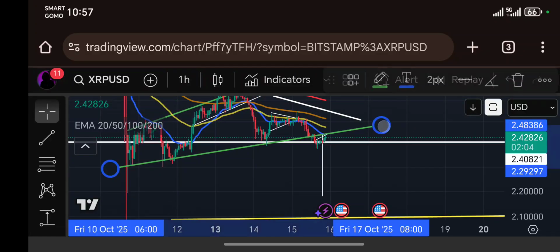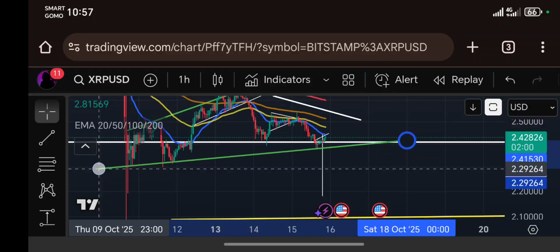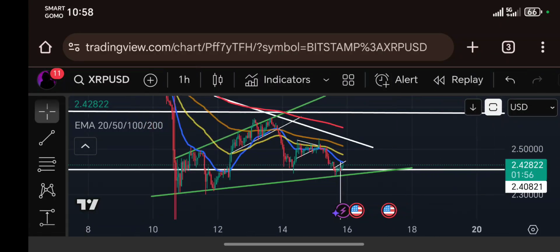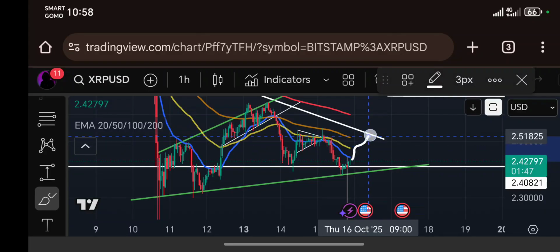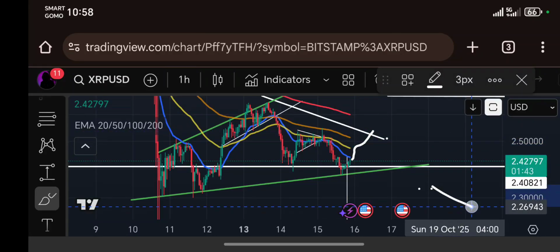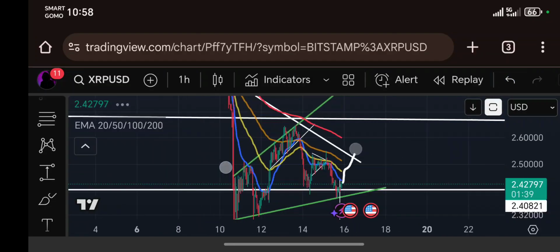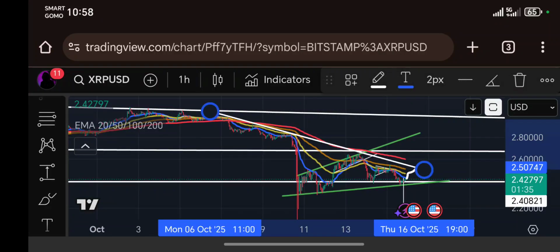So if we're on a bullish side, we can adjust this drawing here. You see, it still aligns as the support. I want XRP to go up today, maybe like this, hitting this trend line that we've drawn, which is this one.